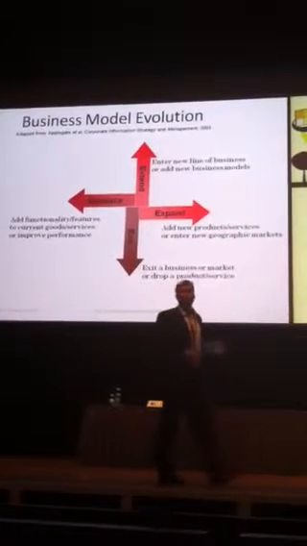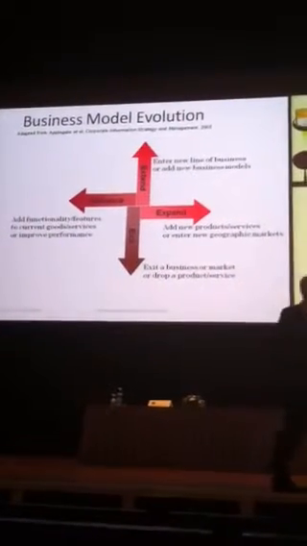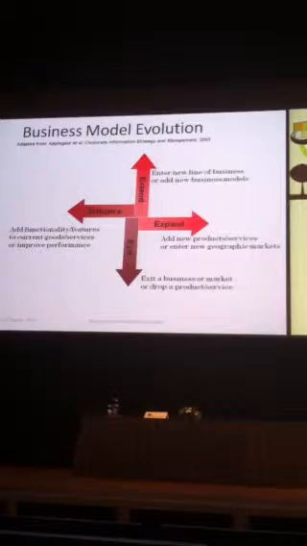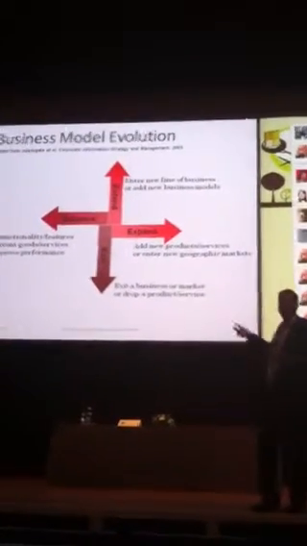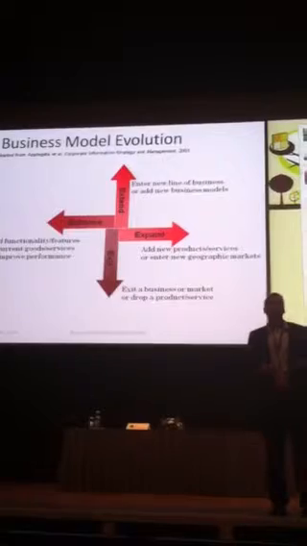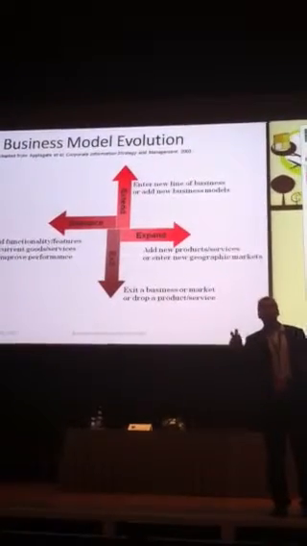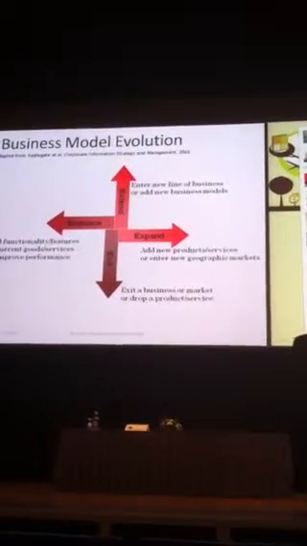And that's the 4 possibilities that we really have. John Ward showed me the picture, and I took it from Linda Applegate from the book Corporate Information Systems. So if I want to tell what is business modeling, I think it's getting all these 4 things into perspective. So what do I want to do with my innovation?